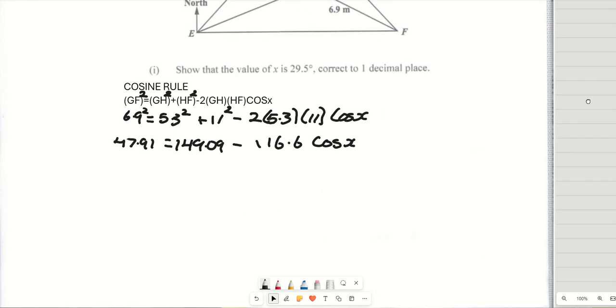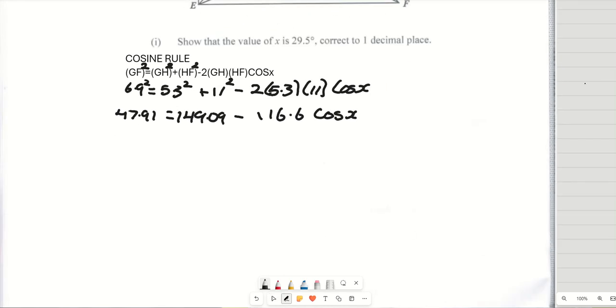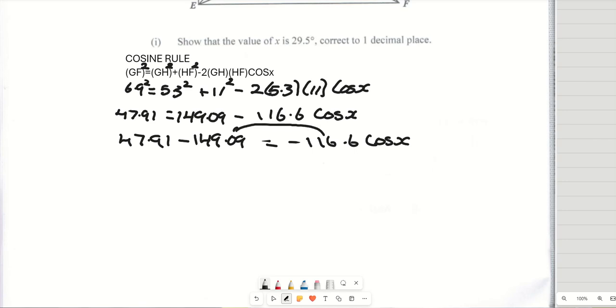I'm going to carry across that plus first. So we have 47.91 minus 149.09 is equal to negative 116.6 cos x. Then the relationship between negative 116.6 and cos x is multiplication, so I'm going to carry this across, so that is going to turn to divide by.